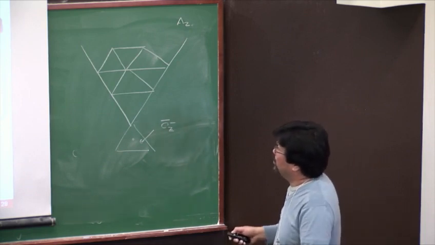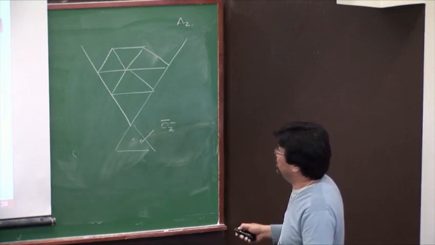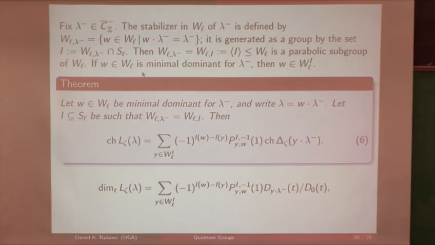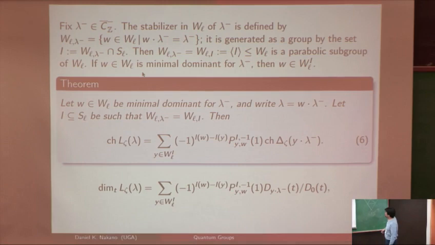Okay, so once I do that, I take this weight and reflect it into the dominant chamber, I get this lambda over here. And then what you do is you reduce w in terms of the reduced expression.